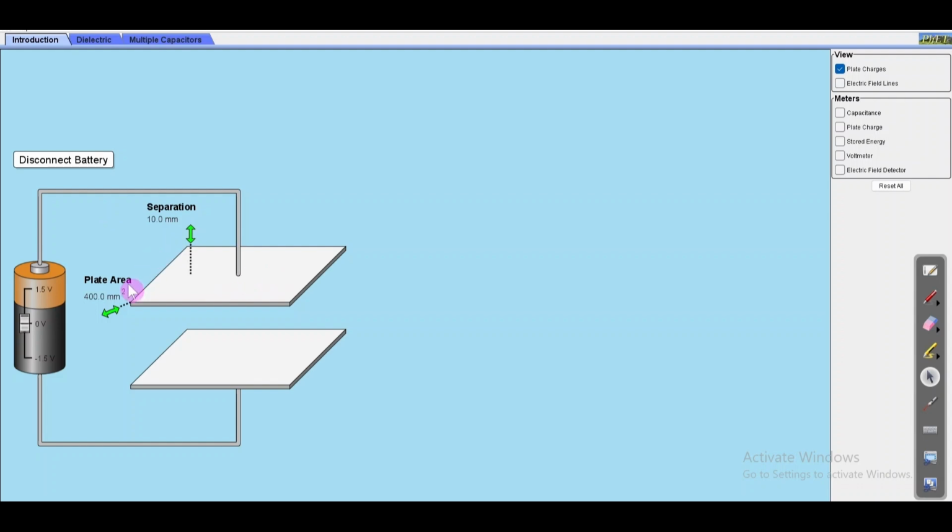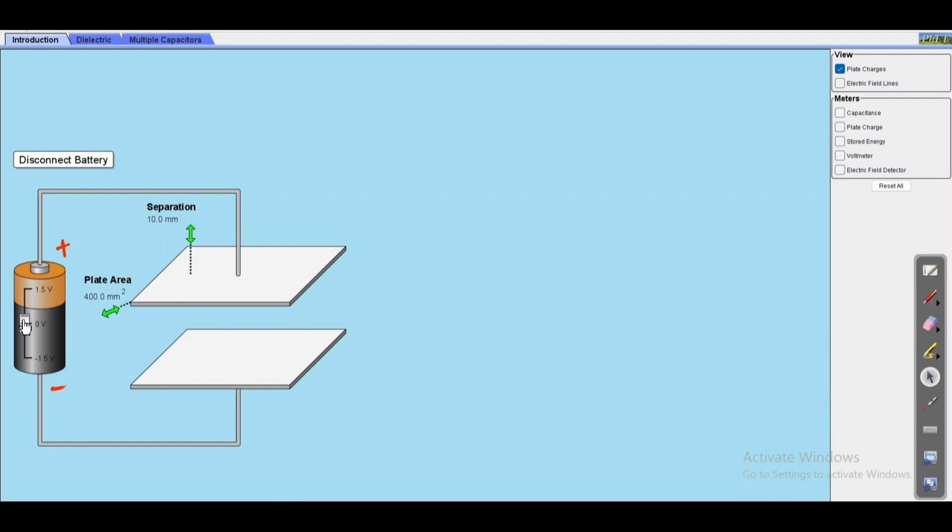So this upper plate of the capacitor is attached to the positive terminal of the battery, and the lower plate is attached to the negative terminal of the battery.